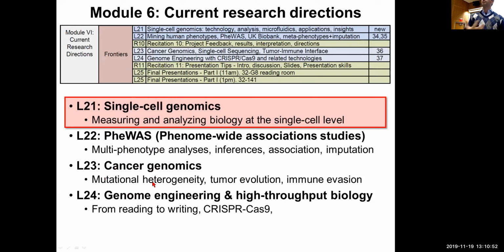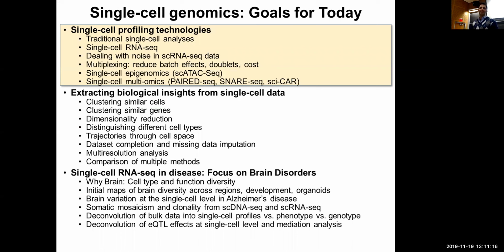Then looking at cancer genomics, basically how all these technologies that we've learned about apply in the context of cancer. And then lastly, going from reading to writing, basically highly multiplex ways of synthesizing genomes, but also the latest and greatest technologies for editing genomes, including prime editing that was all over the news a few days ago. This is the beauty of this class. Every lecture can incorporate stuff that sometimes hasn't even appeared.